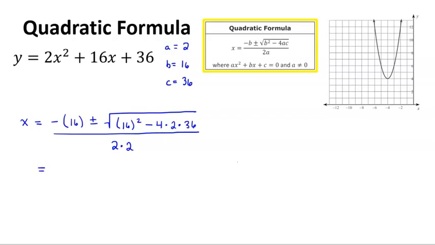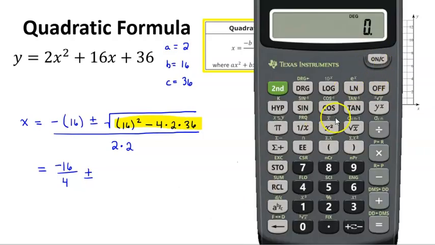So now I'm going to come underneath here, and we've got negative 16 over 2 times 2, which is 4, plus or minus, and then I'm going to put this whole thing in my calculator. So let's go ahead and clear it out.